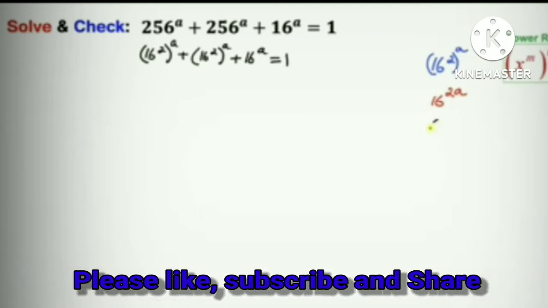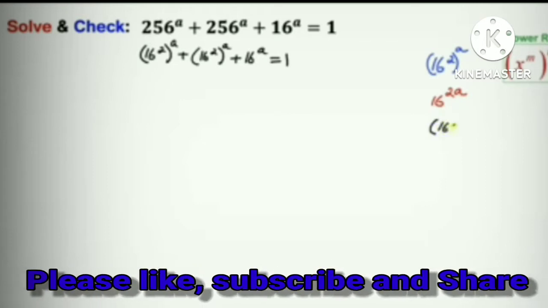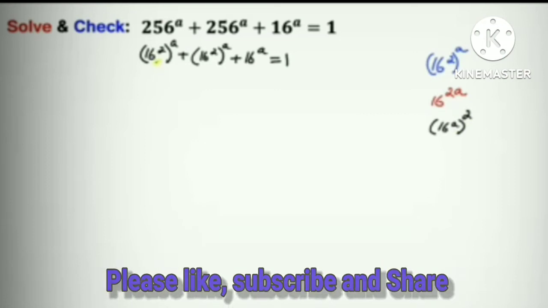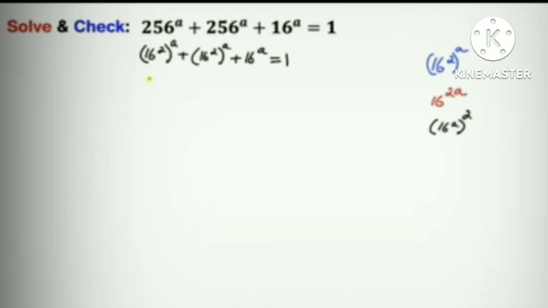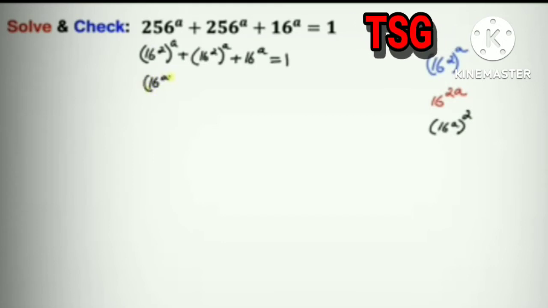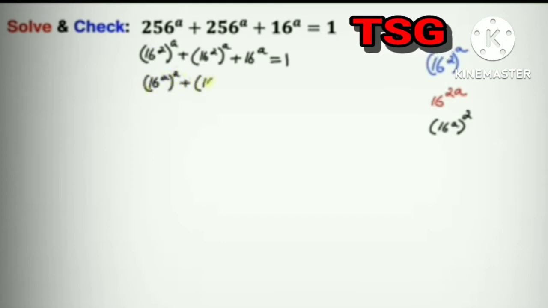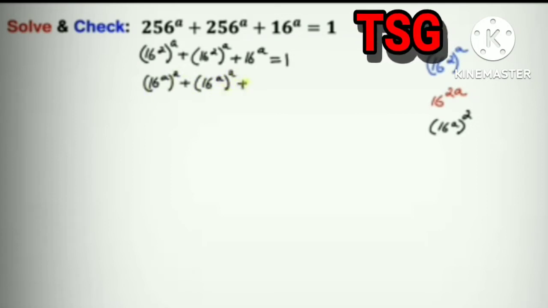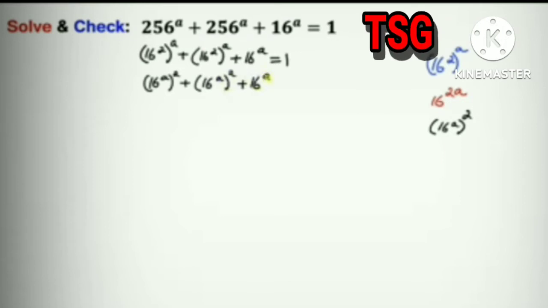So this could also be written as 16 power a and then whole power 2. So therefore our equation could be written as (16^a)^2 plus likewise (16^a)^2 plus 16^a equals 1.